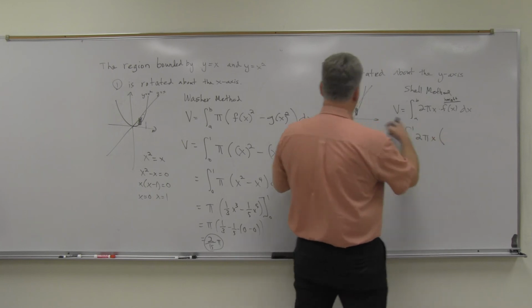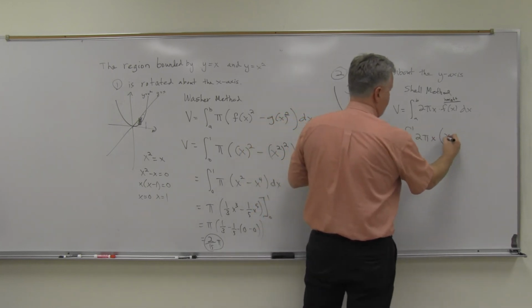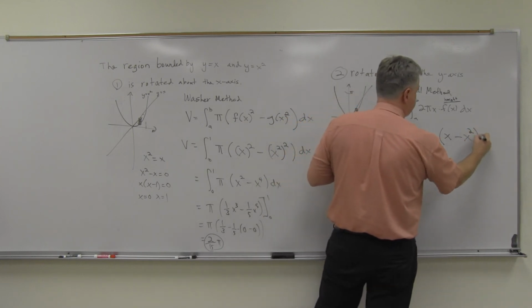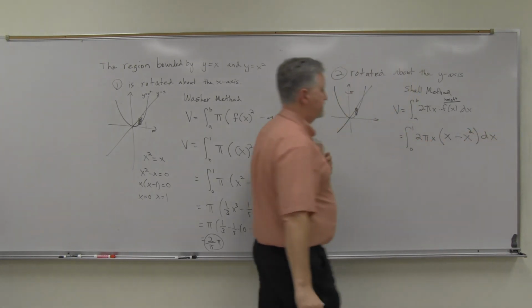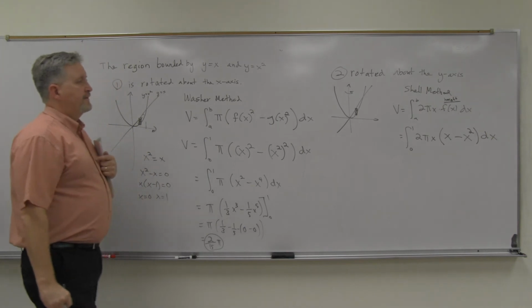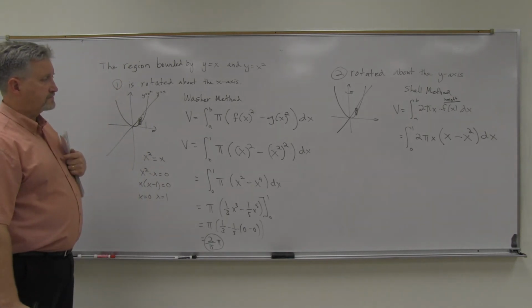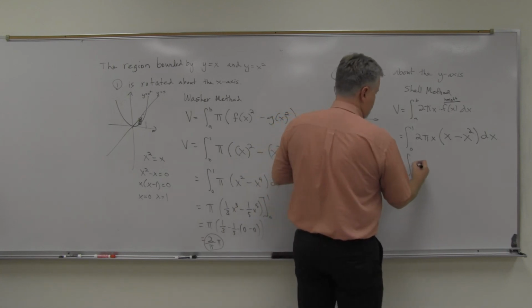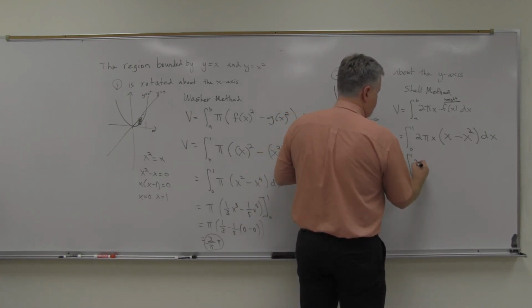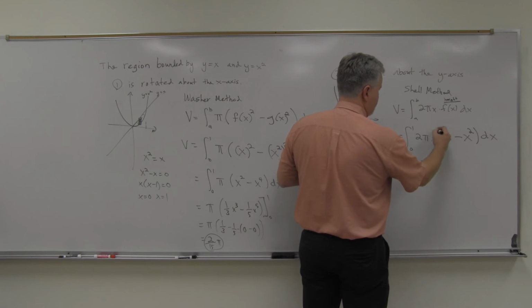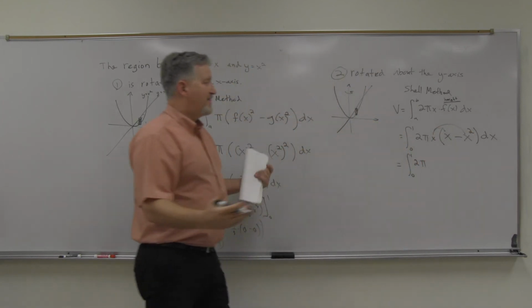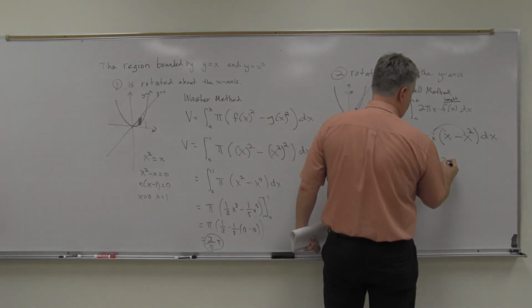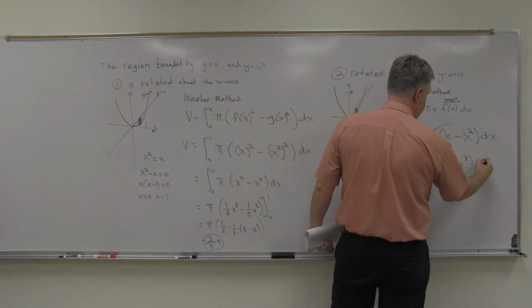So the height here is the upper one, y equals x, minus the lower one, x squared. So this is the integral from 0 to 1 of 2 pi, and remember, usually on these we distribute the x and then do the antiderivative. So x squared minus x cubed dx.